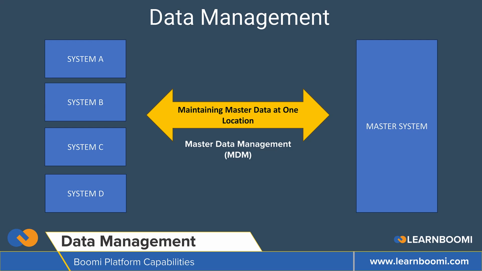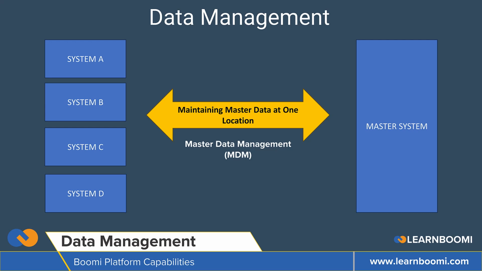The problem is that these systems store different versions of the same data. An example is a customer name might be spelled differently, a product code may be outdated in one system, or a vendor address may be incorrect in another system. So this creates inconsistency and confusion across the enterprise.